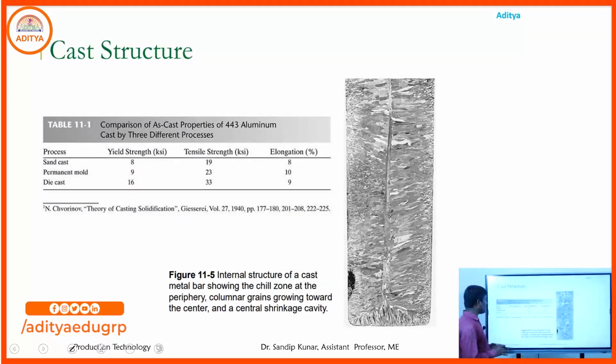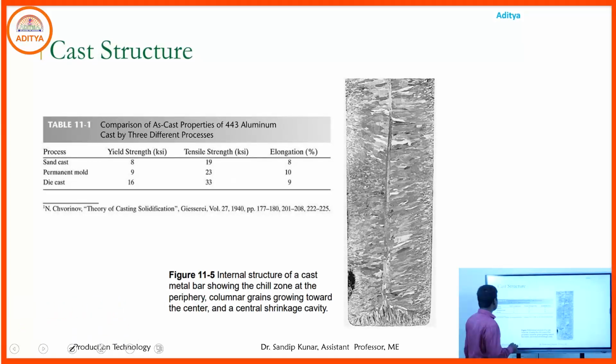Now a real example of the three zones of a solidified casting. This is the original cast structure, an example of cast metal, actually a 443 aluminum cast.